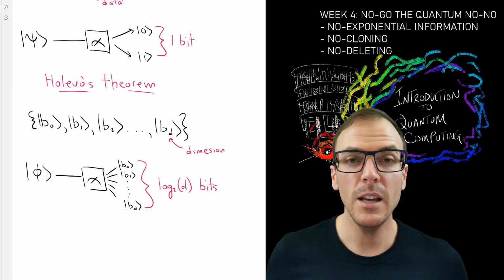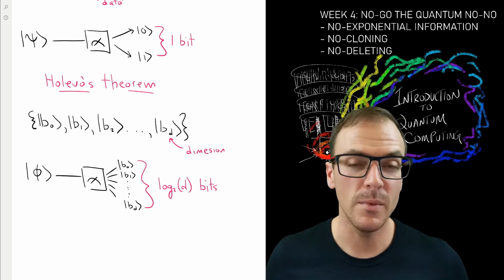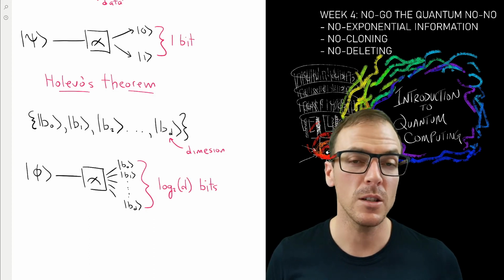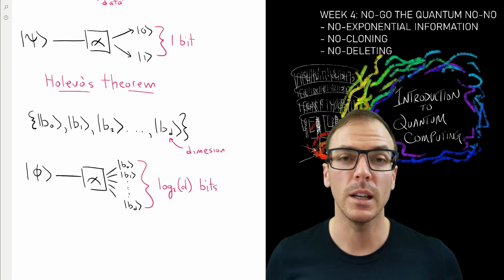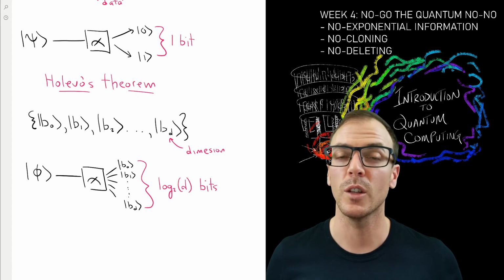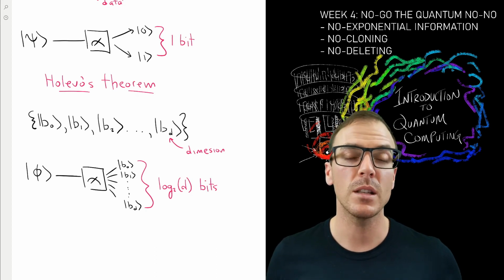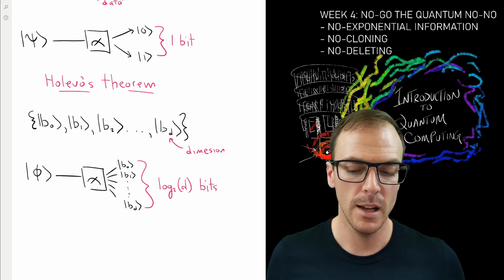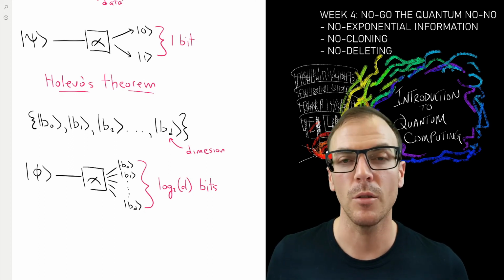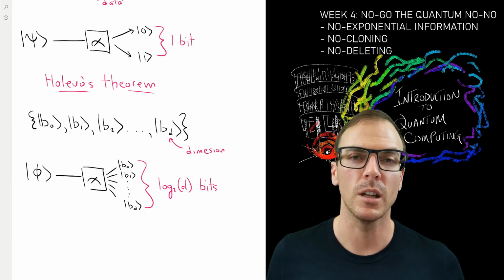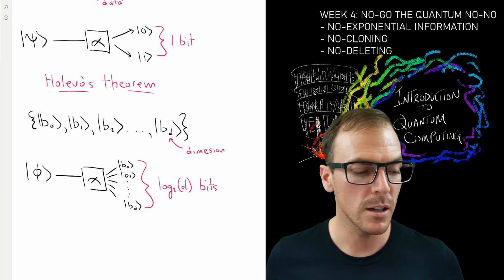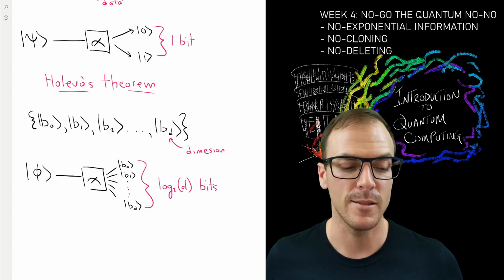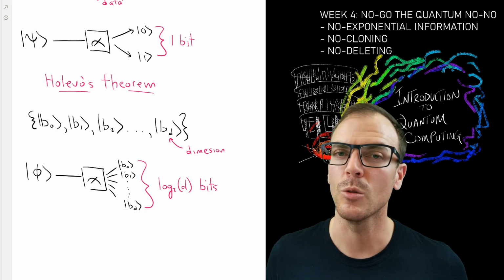So even if I increase the number of qubits, I'm not increasing the amount of information I can store and retrieve from those qubits exponentially. I am only increasing it linearly with the number of qubits. N qubits, n bits of information can be accessed. This is called Holevo's theorem, but the theme of this week is no-go theorems, so let's call it the no exponential information theorem. So next, we're going to see that it gets even worse, and there are some other things that we can't do with quantum information.